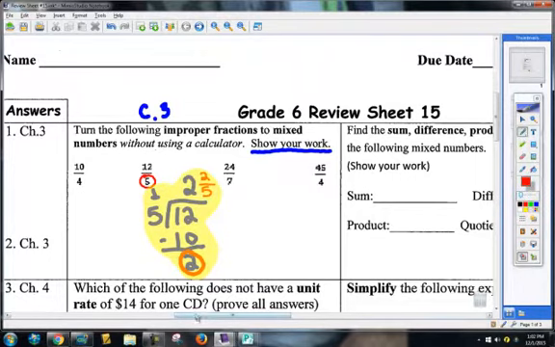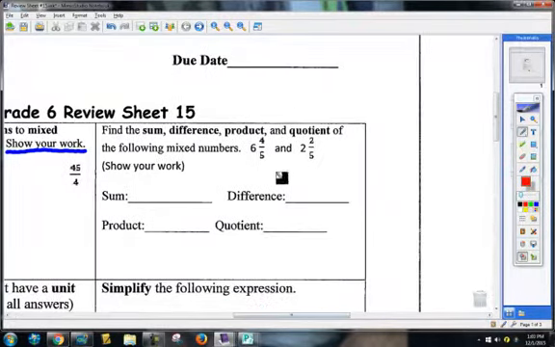Here you're finding the sum, difference, product, and quotient of mixed numbers. Probably the first thing I would do if I were you is, first of all, you can't multiply or divide mixed numbers without converting them into improper fractions.